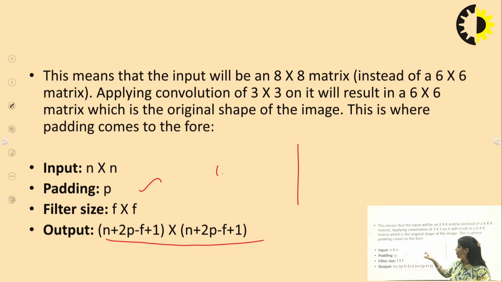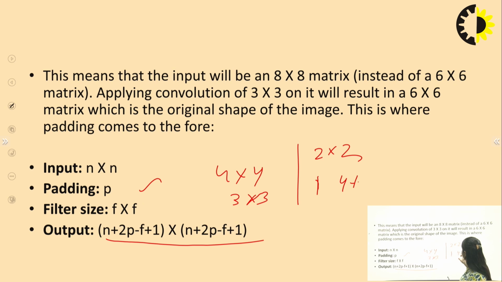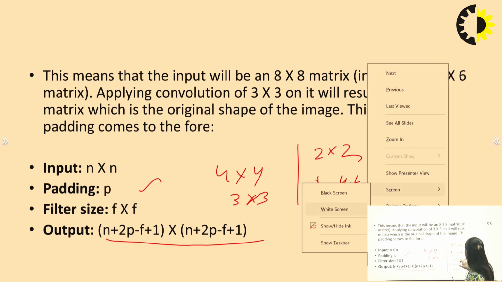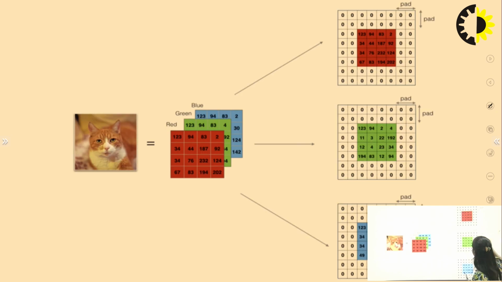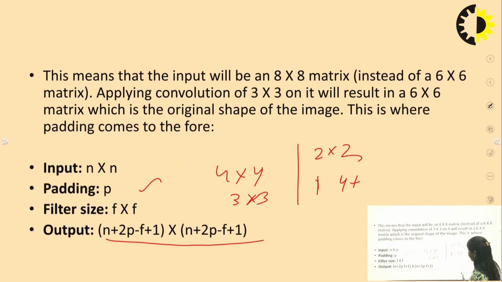So if we have a 4 by 4 input image, a kernel size of 3 by 3 and padding, then it will be 4 plus 2 into 2 minus filter size 3 plus 1.